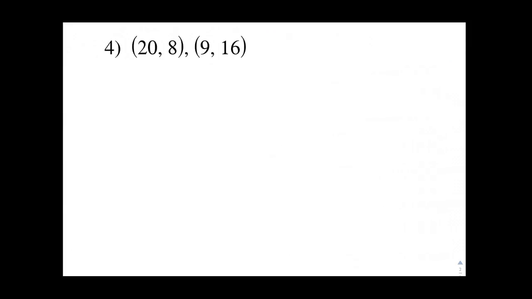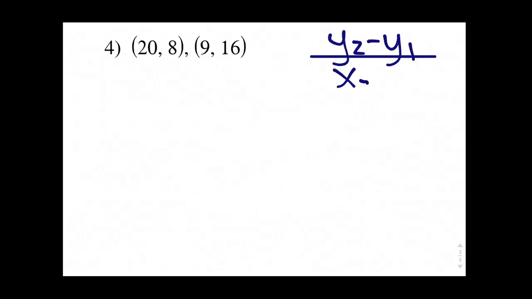So now you're going to write your equation for slope over here on the side. It's that rise over run. It's the y2 minus y1 all over x2 minus x1. It's the y's over the x's. Okay? I'm going to look at my y's first. I'm looking at my 8 and my 16. It is better for me to take the 16 before the 8.